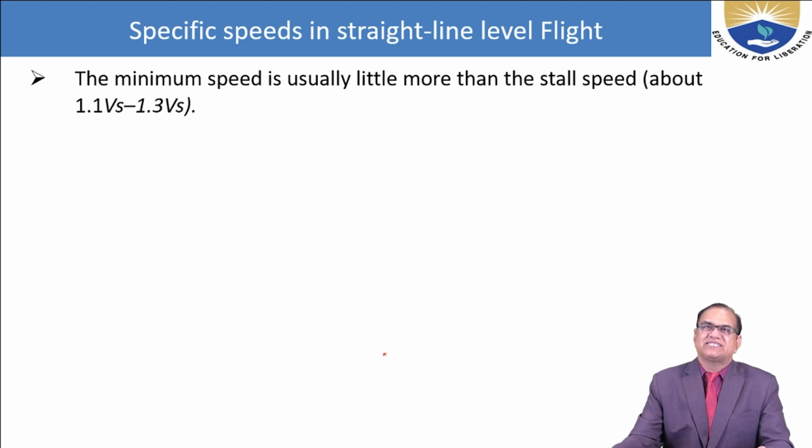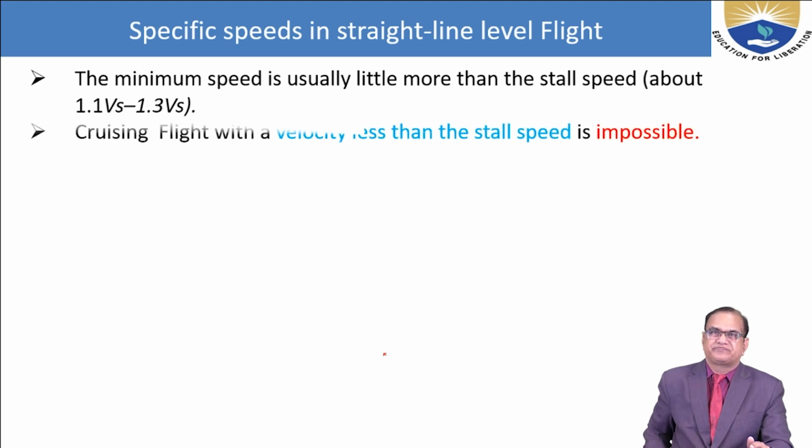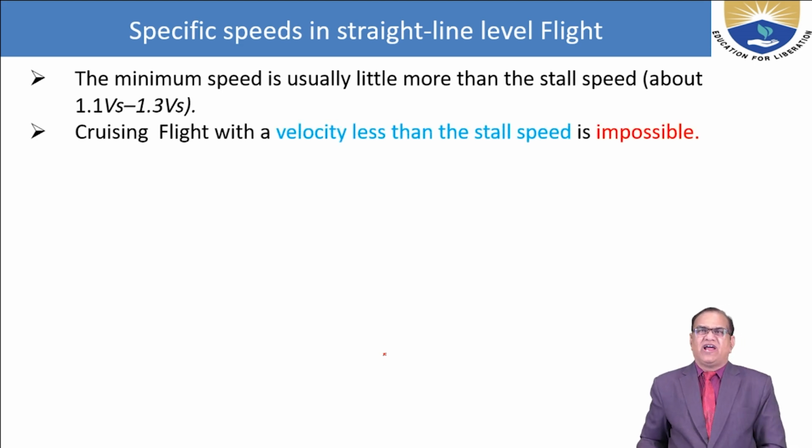Now we will discuss some specific speeds in straight and level flight. The minimum speed is usually a little more than the stall speed, about 1.1 Vs, where Vs is the stall speed. So your aircraft should not go less than 1.1 Vs to 1.3 Vs. So this is the minimum speed, and cruising flight with a velocity less than the stall speed is impossible.